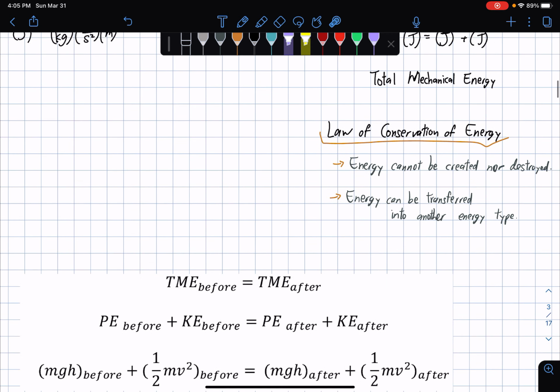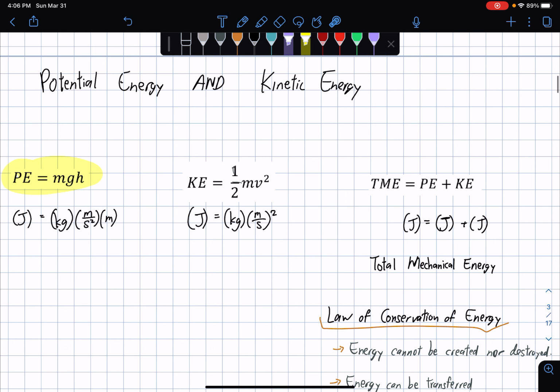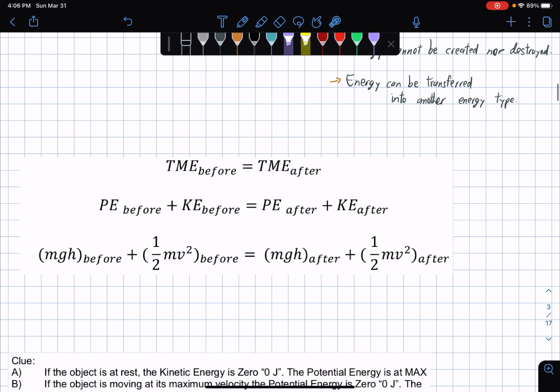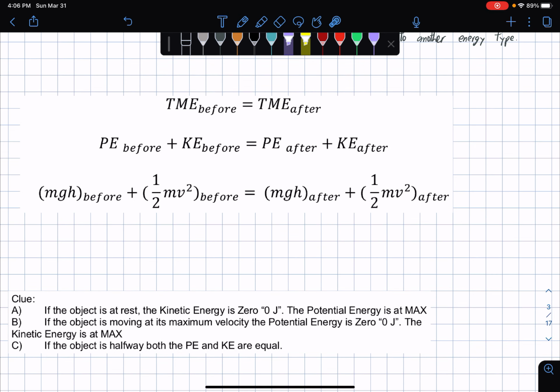From there, another formula could be derived from it, which is with respect to this one. So TME before can be written as PE before plus KE before. That is equal to TME after, which is, in other words, PE after plus KE after. And from there, another derivation could be drawn from it.